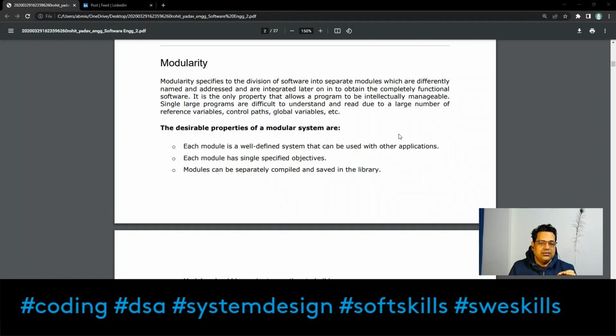The desirable properties of a modular system, okay, so let's try to understand this way. When you divide your system in a modular approach, it has an advantage in parallel development, assigning work to multiple people who can solve it in parallel, something like that.